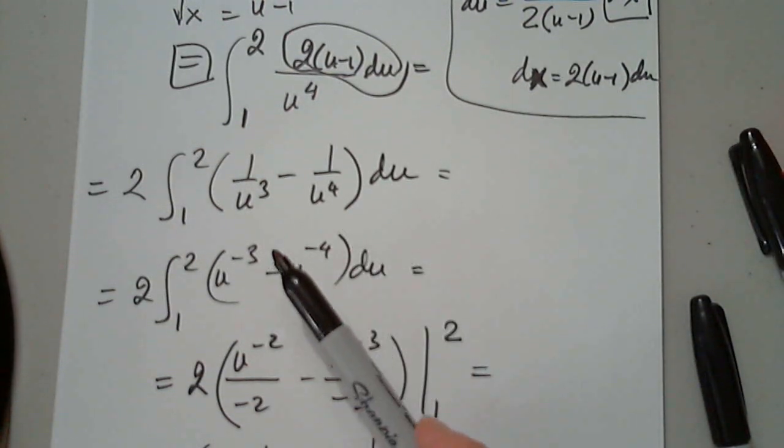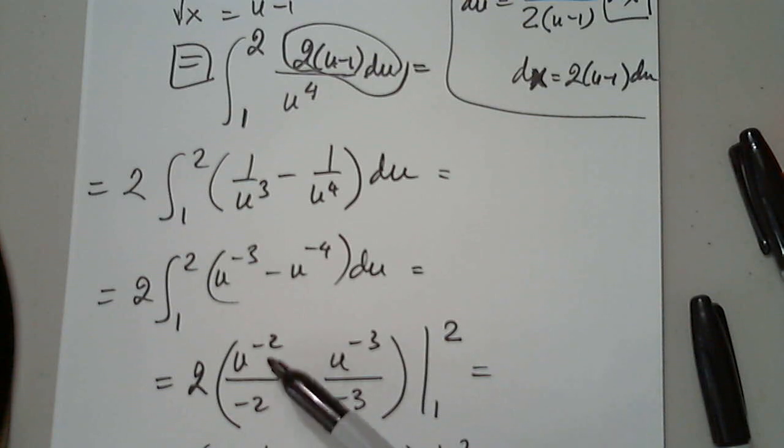Here's what I did: I brought this to the denominator, and I have negative 1 and 2, right? Negative 1/2 u squared. I have 2 negatives here, so this becomes positive. I bring this to the denominator, so 3u to the 3rd.